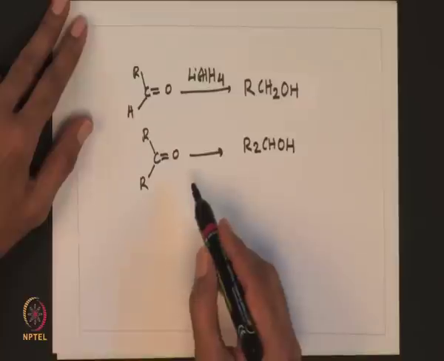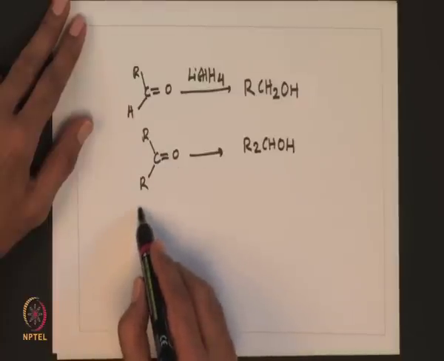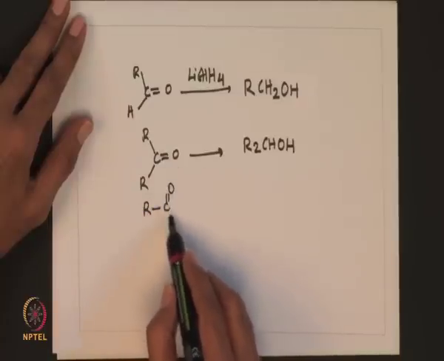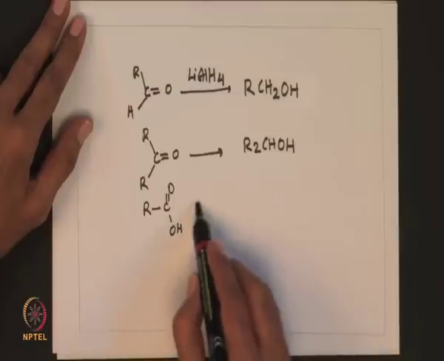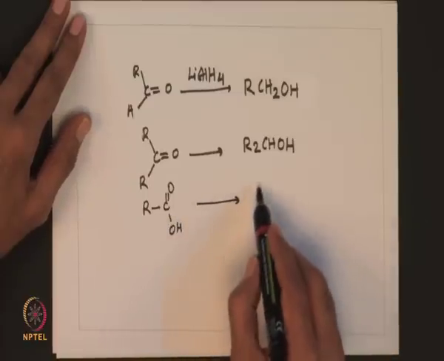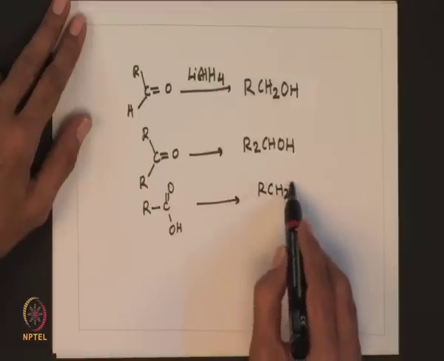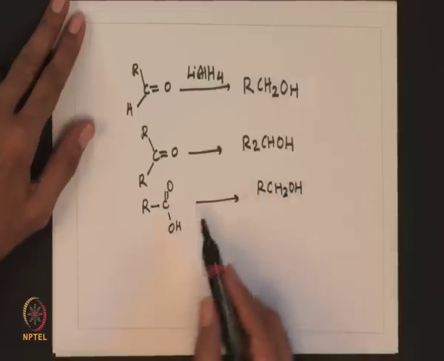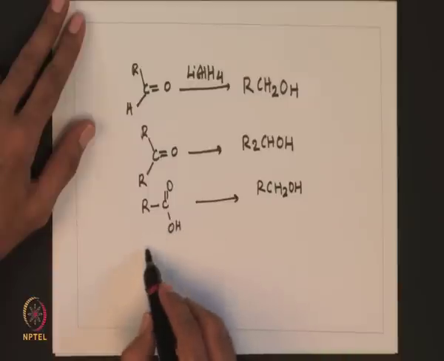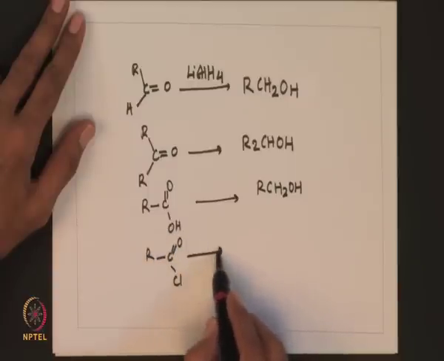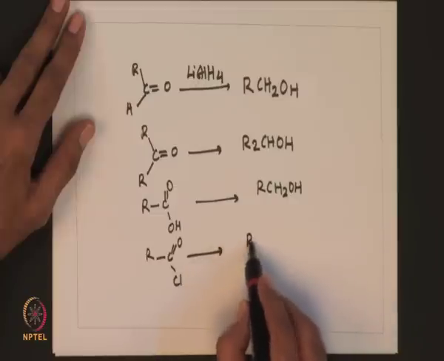If you take an acid, it again gives primary alcohol, and if you take acid chloride, it gives again primary alcohol.